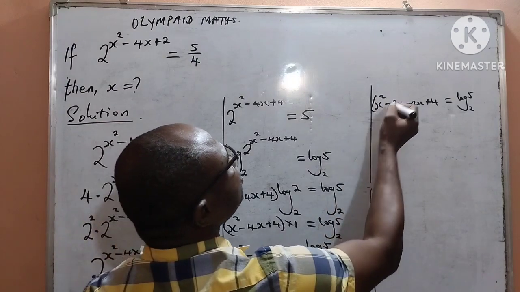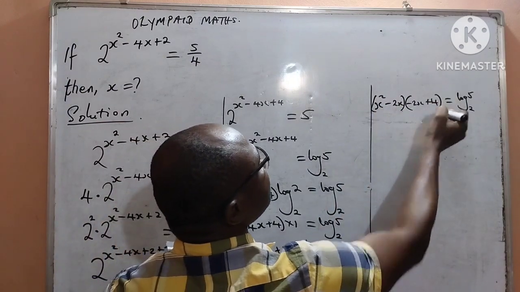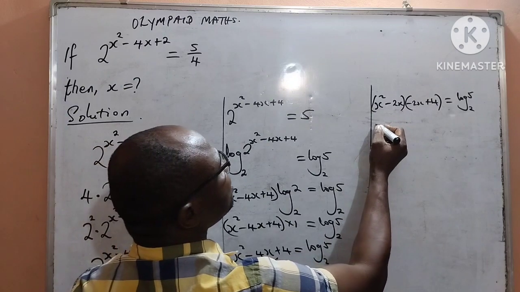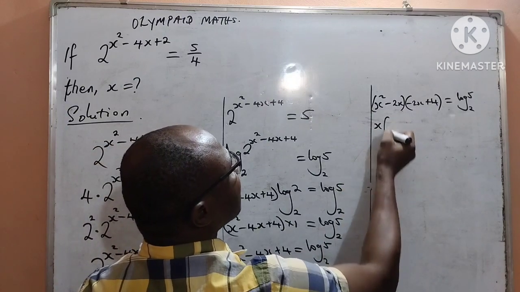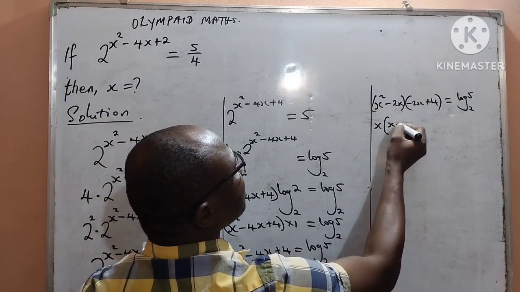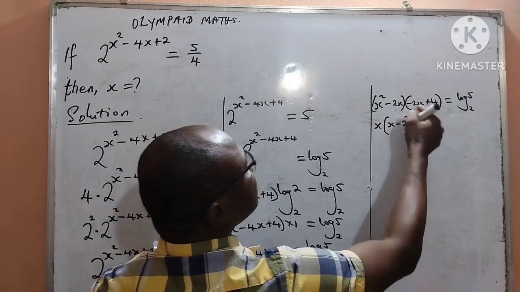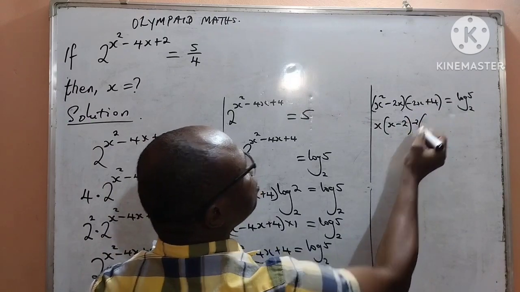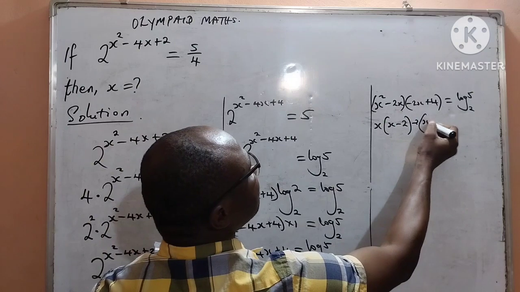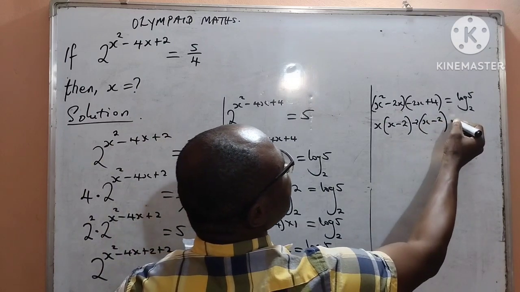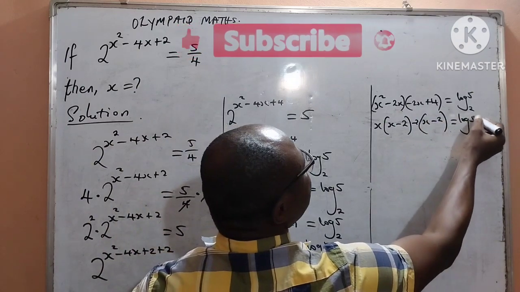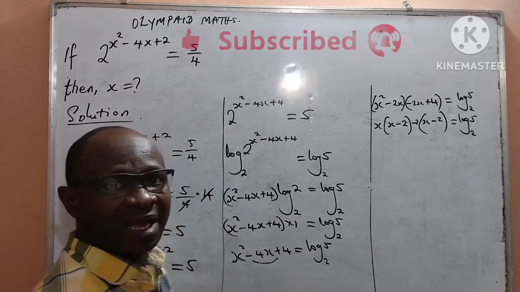Now, I put this into factors, into brackets. Common in this bracket is x, so that I can now have inside the bracket x minus 2. Common in the second bracket is minus 2, so that I can have left x minus 2. Everything now is equal to the logarithm of 5 to base 2. Look at what I have done.